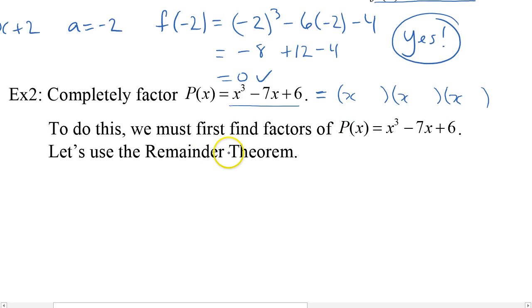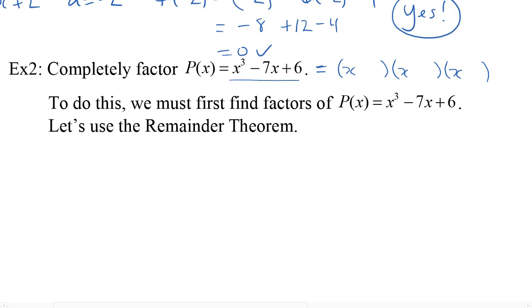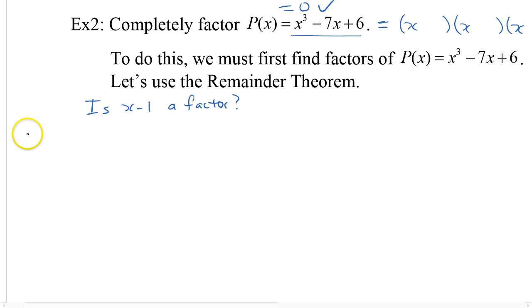Okay, so we're going to first find the factors of x cubed minus 7x plus 6, and we're going to use the remainder theorem. I guess we just have to guess here, so why don't we do something systematically? I'm going to start off and ask, is x minus 1 a factor? I'll keep track of the ones I'm doing.